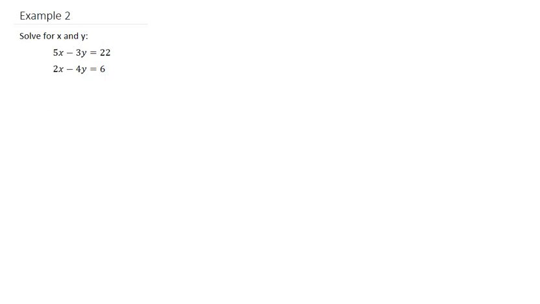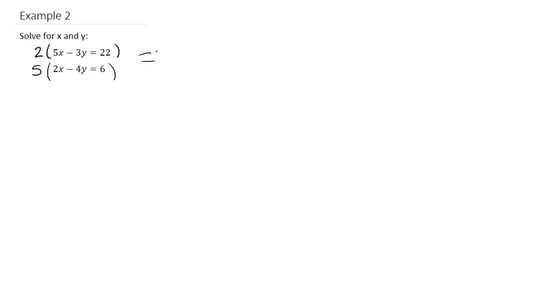What we can do first, I just like to get rid of the x's. So we're going to multiply the first equation by 2, and we're going to multiply the second equation by 5. This way we have 10x on the top in the first equation and also in the second equation.